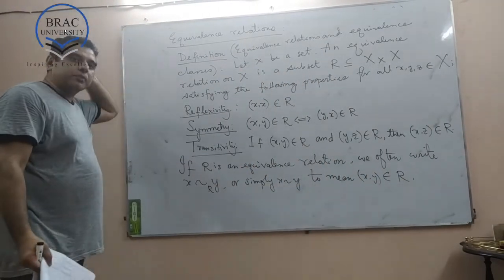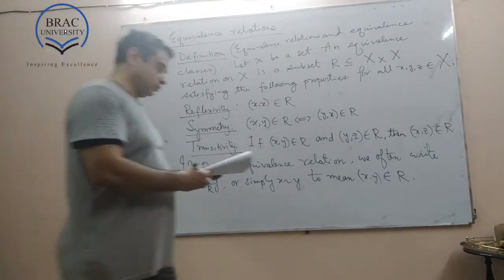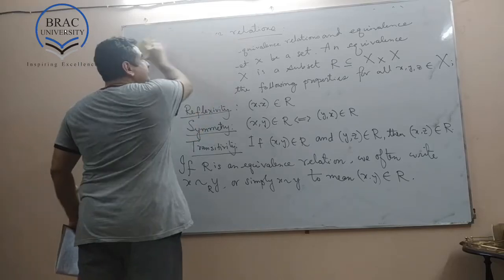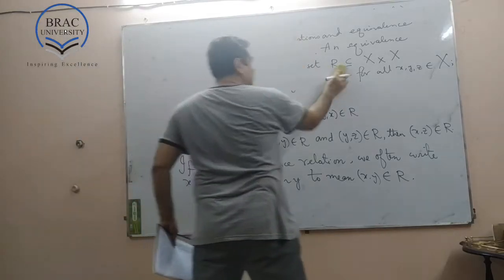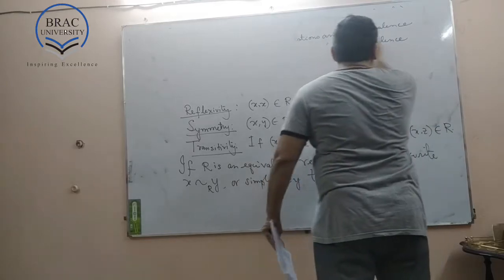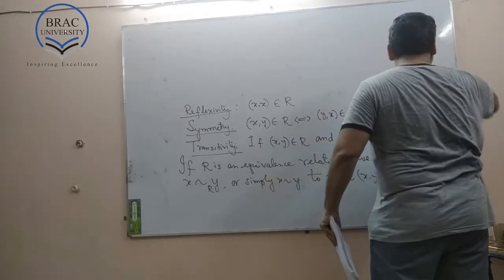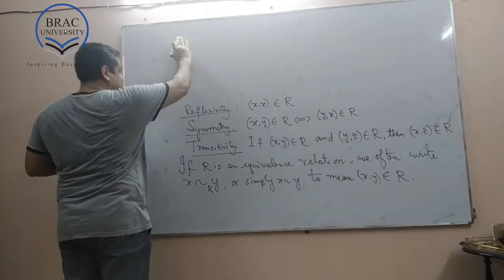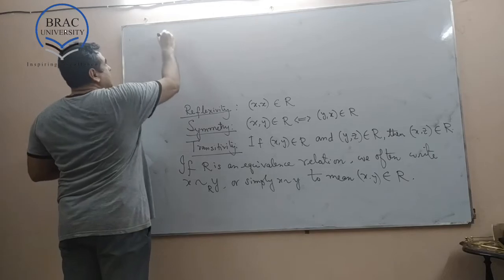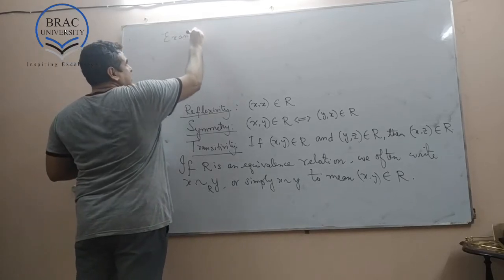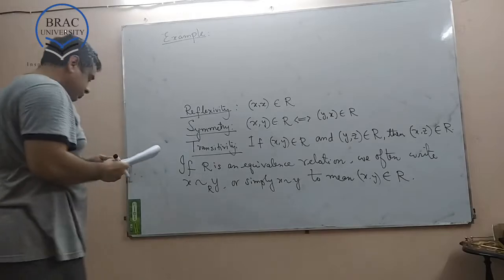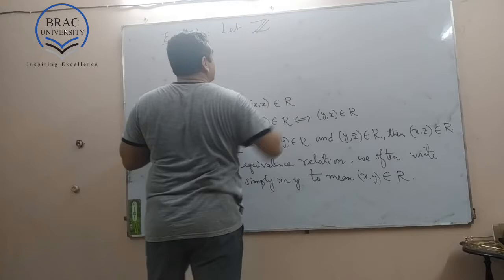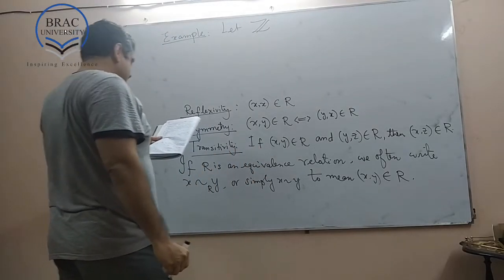Example. Now I give you an example of an equivalence relation. We all know that boldface Z denotes the set of integers.